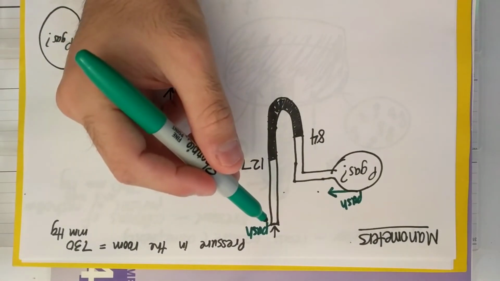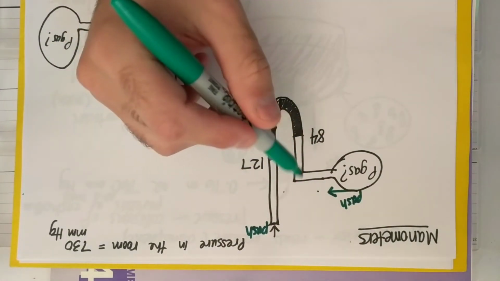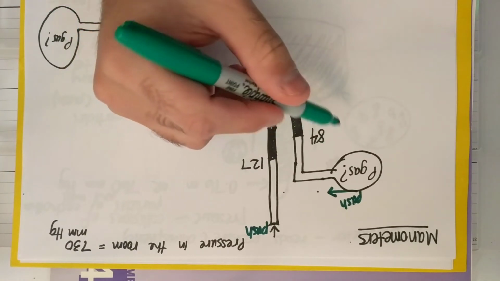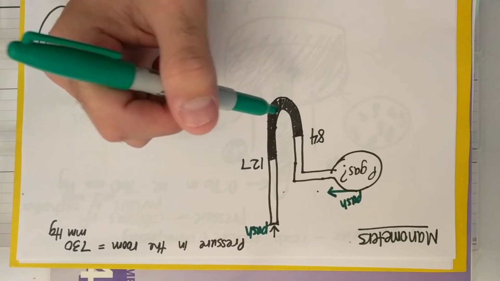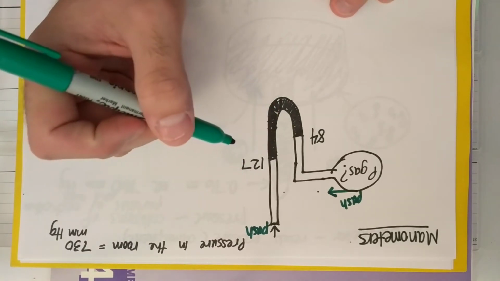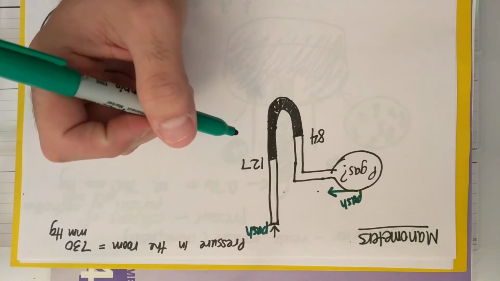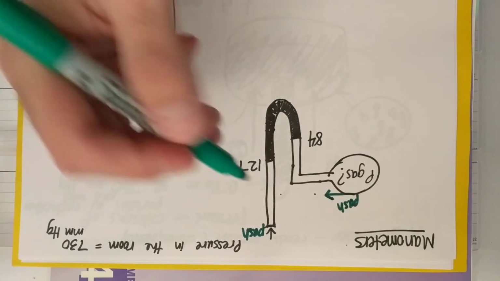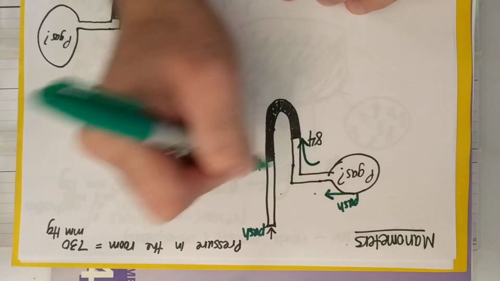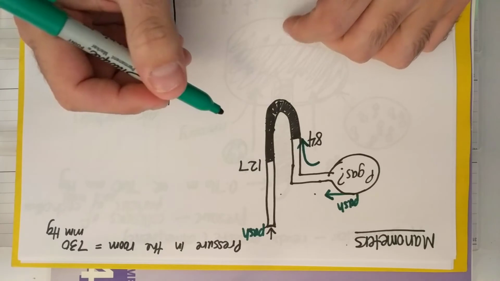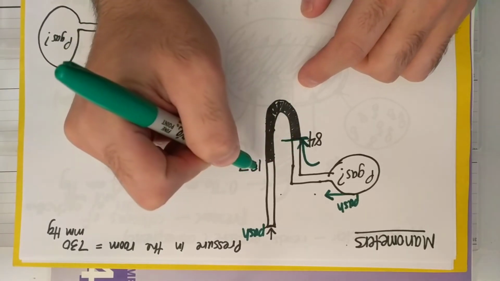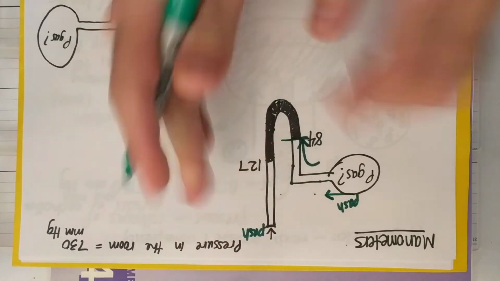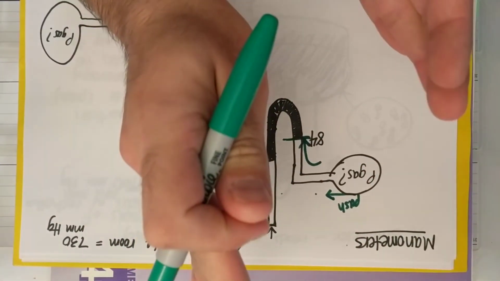So if this is pushing more or less, I could figure out whether or not my gas pressure is higher or lower. Well, since I see that my gas pressure is pushing more, and how do I know that? It's because this level is lower than this level. So if this is pushing more, this is going to push this up this way.